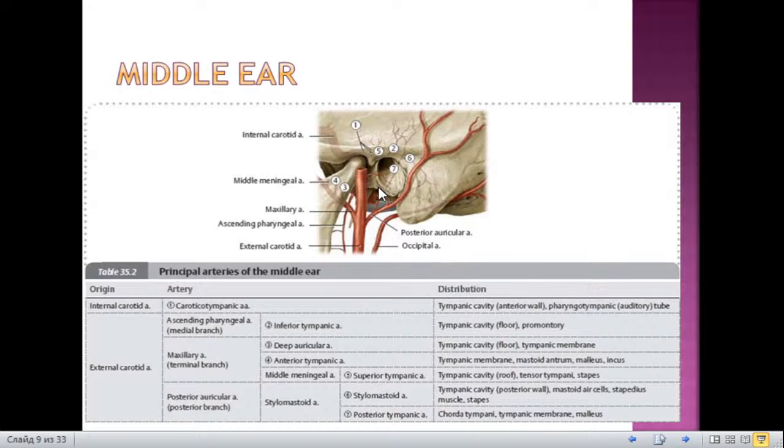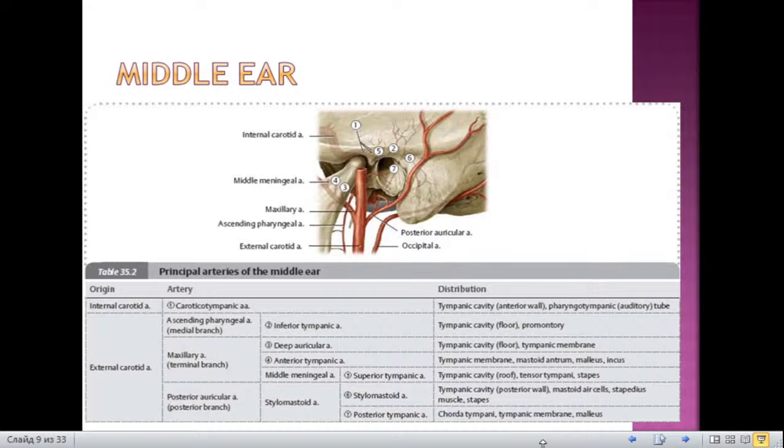On the picture, this artery got the number 3. It enters the tympanic cavity through the cleft between the squamous part and petrous part, which is called the petrosquamous fissure of the temporal bone, and it supplies the roof of the tympanic cavity.